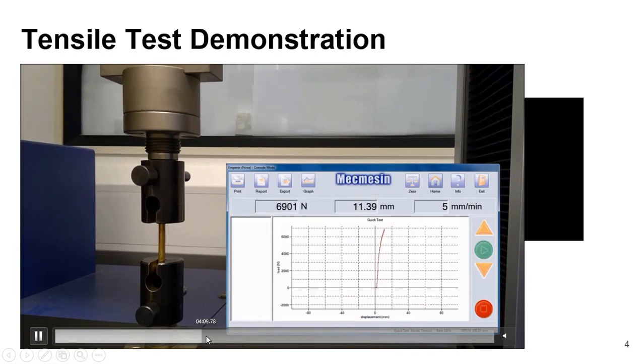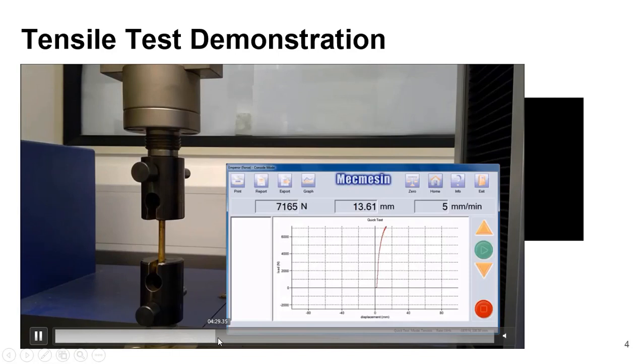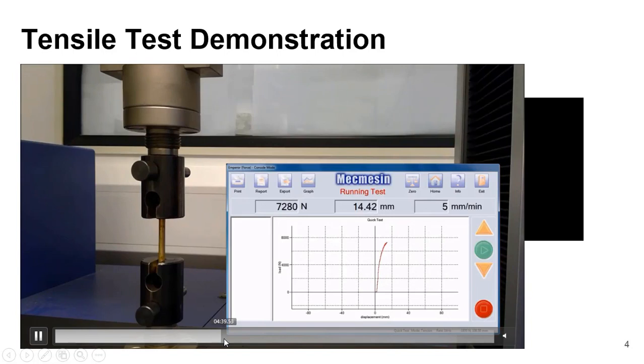This is a ductile sample, and that's why you can see a lot of plastic deformation taking place. So this is how we get the load elongation diagram directly, and hence the stress strain diagram.